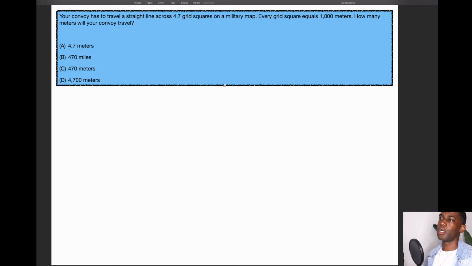Your convoy has to travel a straight line across 4.7 grid squares on a map, on a military map. Every grid square equals 1,000 meters. How many meters will your convoy travel? Let me see what y'all come up with for an answer.